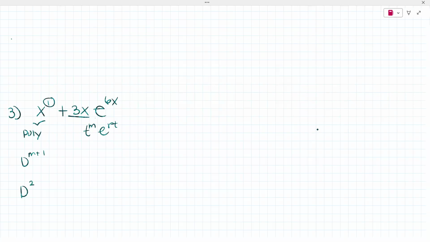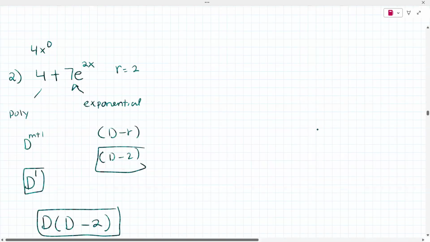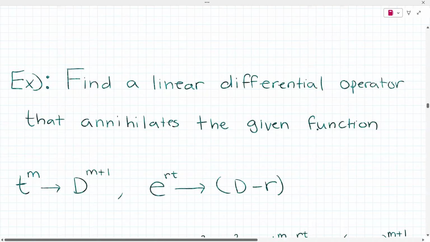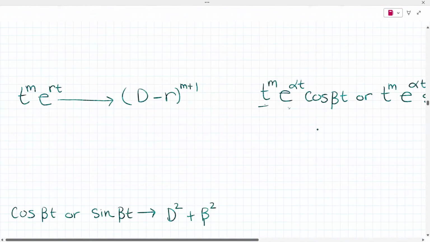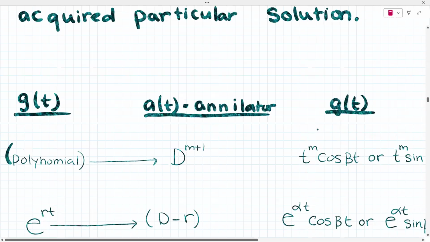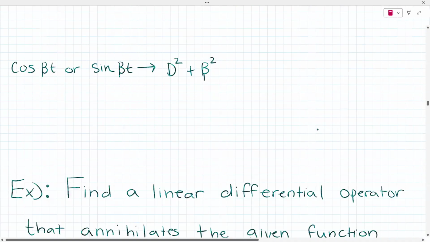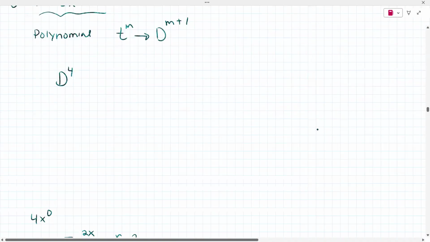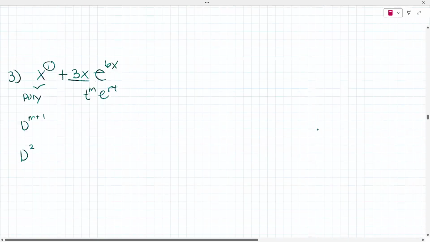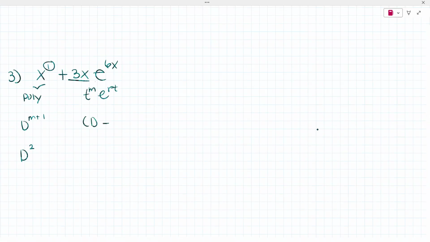What about here? If you have t^m e^(rt), it's basically (D minus your exponent, which is 6) to the m plus 1, squared.